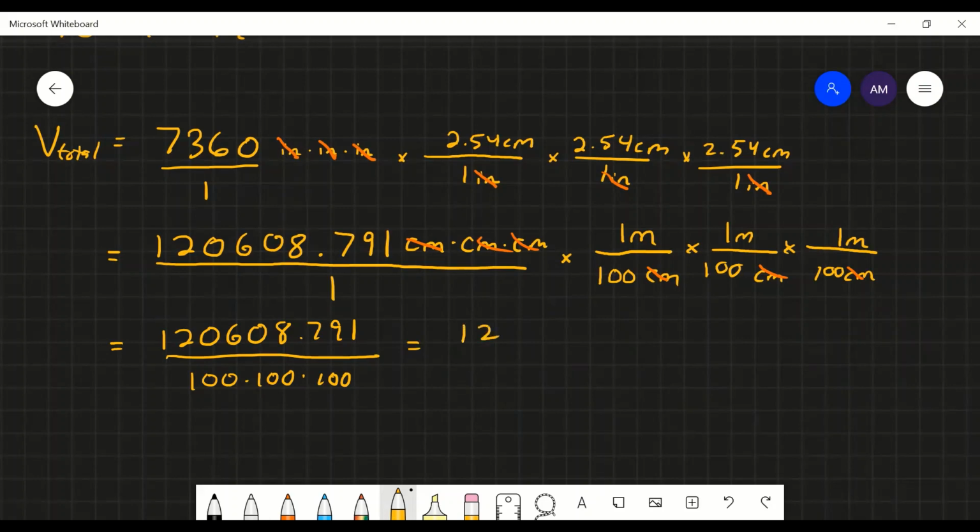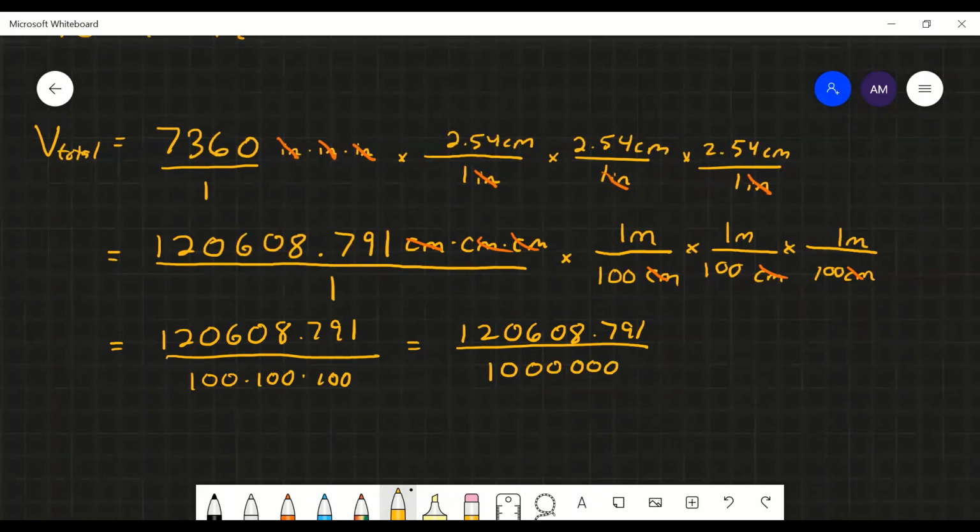Or 120,608.791 over whatever 100 times 100 times 100 makes, which should be 1 with 6 zeros, or a million. Now let's do this division.